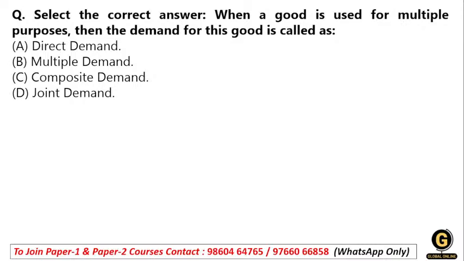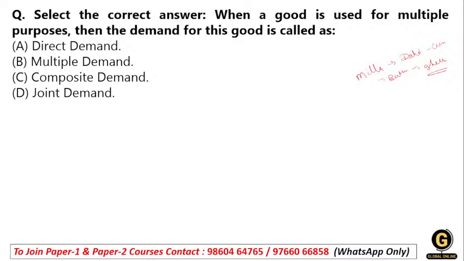When a good is used for multiple purposes, like milk, we use milk for making curds, you can say dahi, then buttermilk for getting ghee.